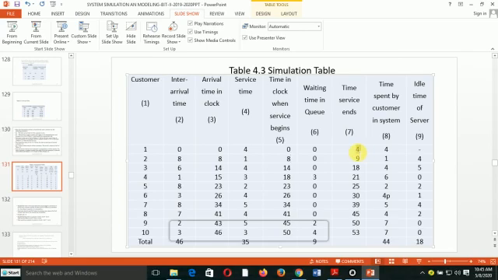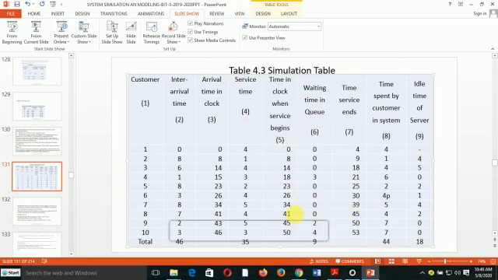So I will take 8 minus 4, so I will get 4 here. I can check also for the last one.